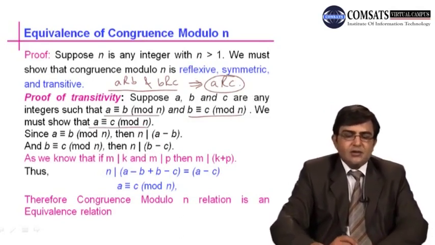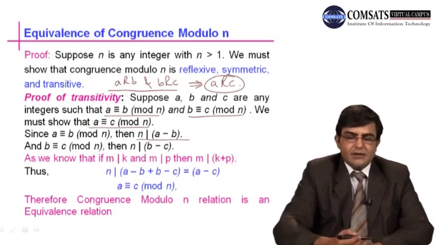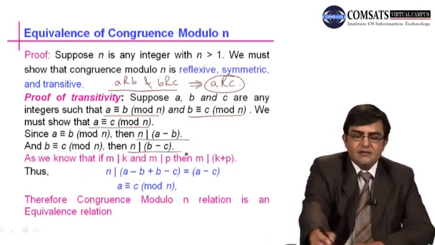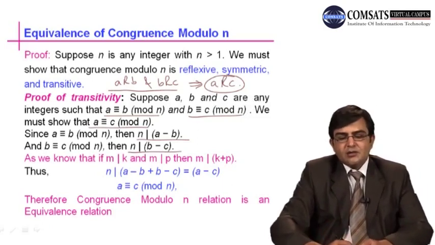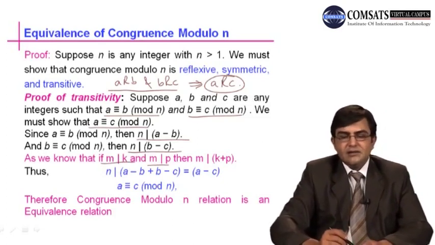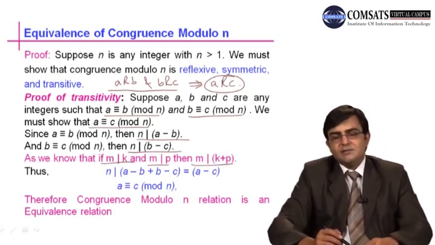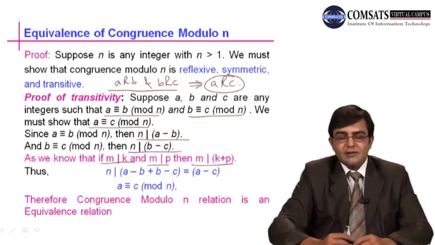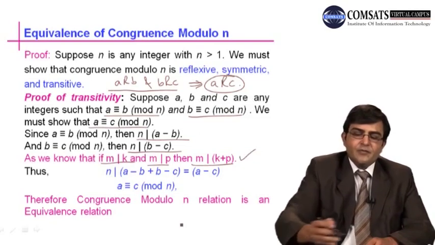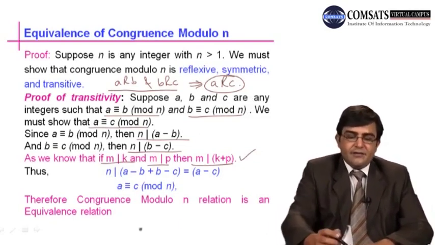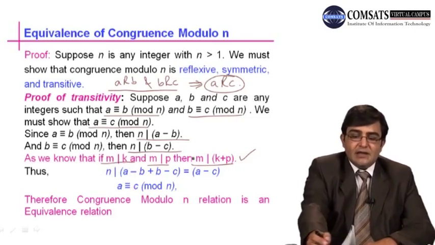So if a is congruent to b mod n, then n divides a minus b, and b congruent to c mod n means n divides b minus c. As we know that if m divides k and m divides p, then m divides k plus p. You should check the properties of divisibility, in which we have seen this. So what does it mean?